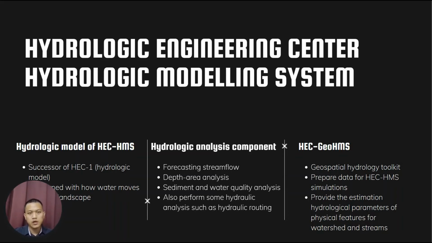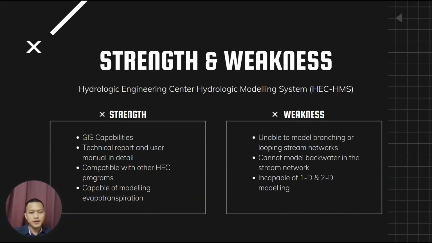HEC-HMS also comes with HEC-GeoHMS, which is a geospatial hydrology toolkit. It prepares data for HEC-HMS simulation, and it also provides estimation of hydrological parameters of physical features for watersheds and streams.